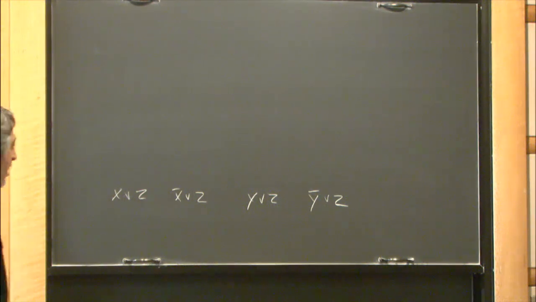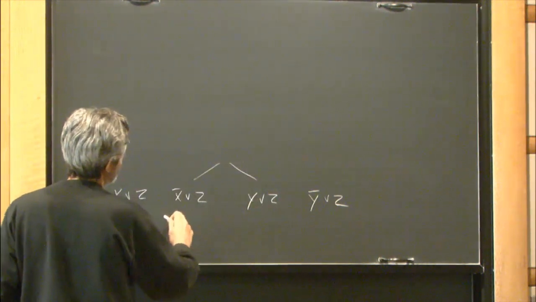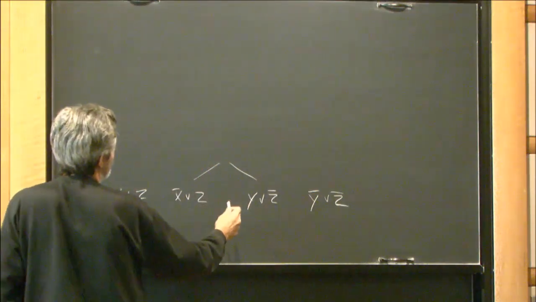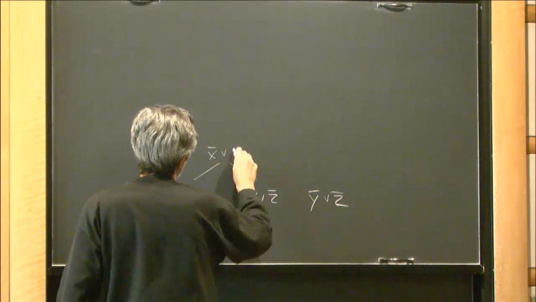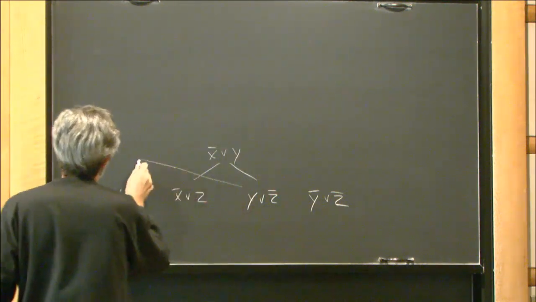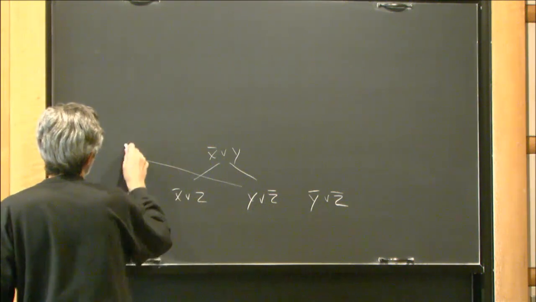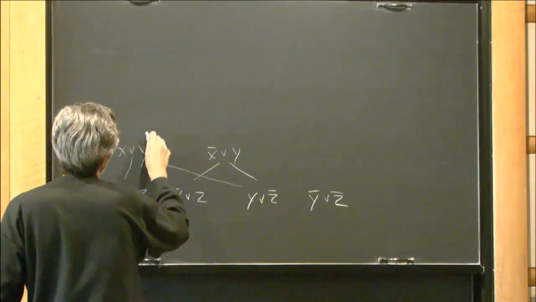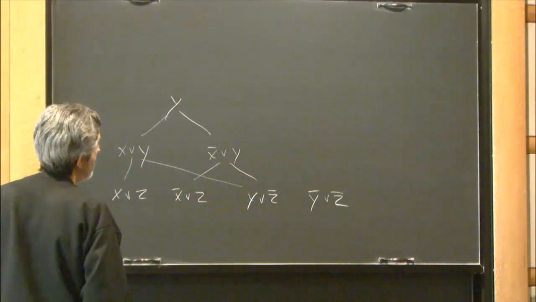How do you prove it? You can resolve this on the Z variable, so you get here X bar or Y. You can resolve this on the Z variable, so you get X or Y. And then you can resolve these on the X variable, and you get here Y.